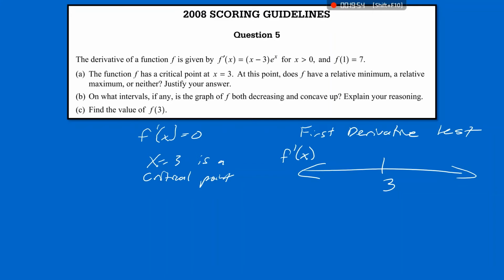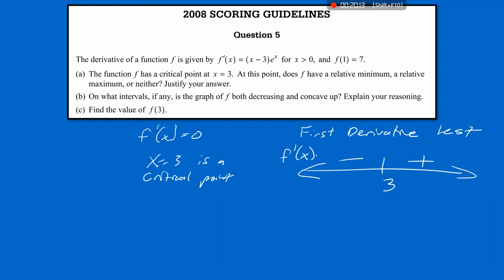-3. Okay, so that's a negative number. And if I plug in 4, what happens? Positive. Okay, I would get a positive answer, e to the 4th. Okay.